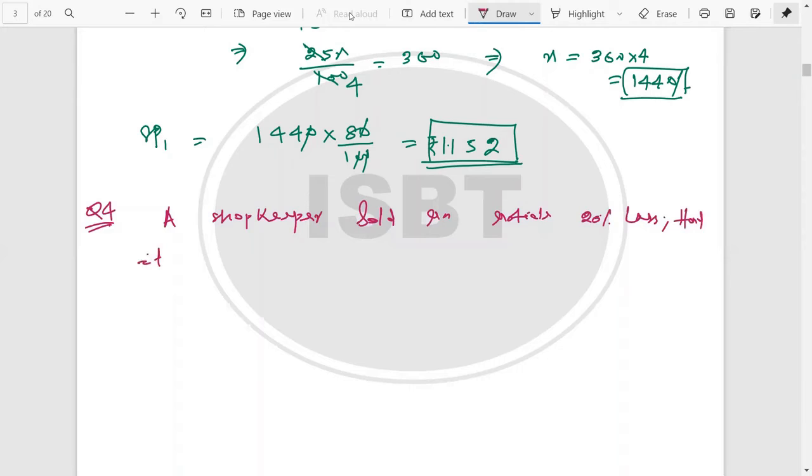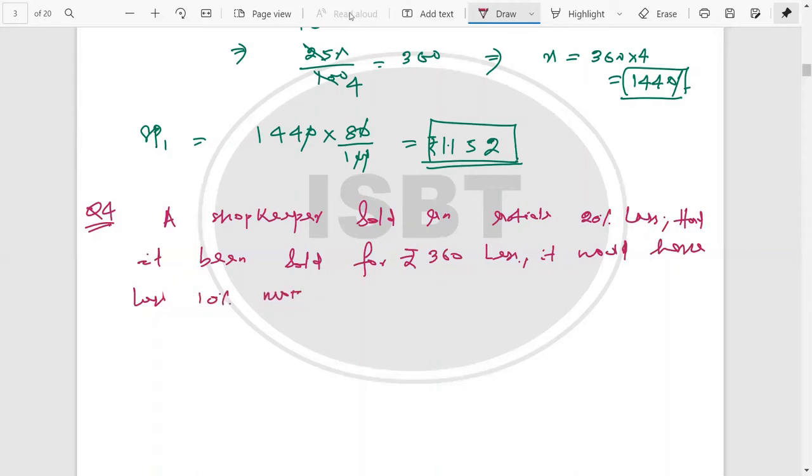Had it been sold for the same value, 360 rupees less, it would have lost 10% more.